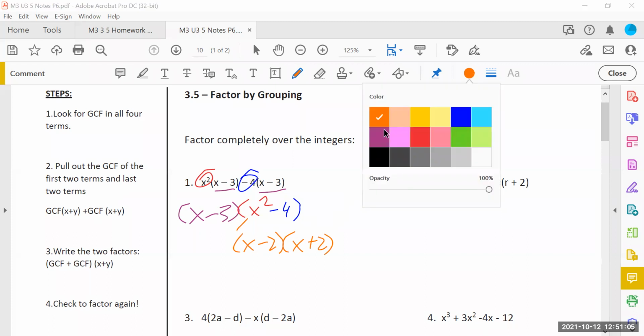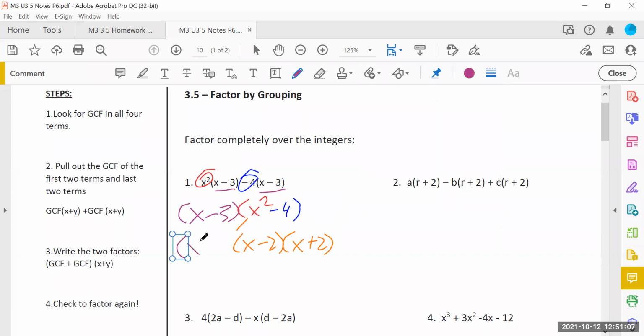And then that x minus 3 is going to stay in front. And we are done. Does that make sense? That's it. That's all we're learning today. Now, this starts us off partway through. They did the first step for us. So I'm going to have to show you how to do the first step. But literally what we just did right there is today's lesson.